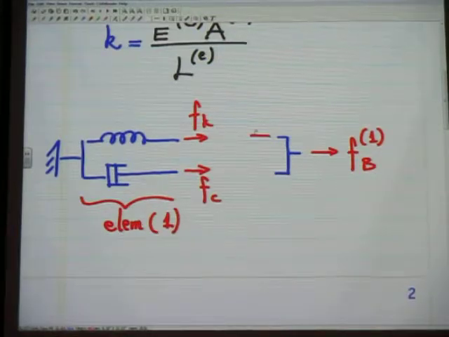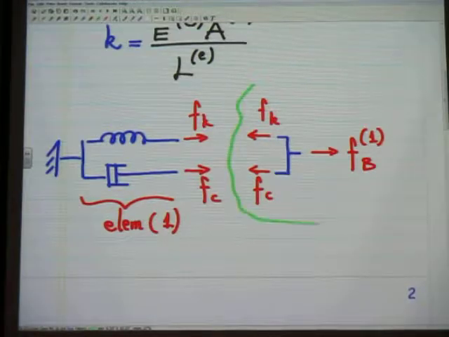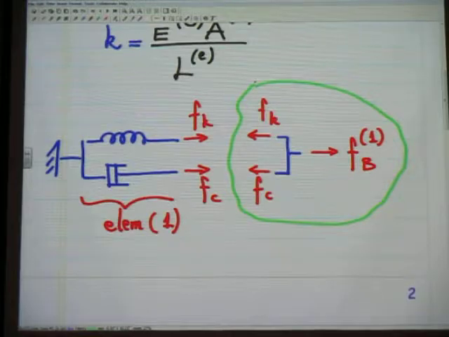Okay, this is element 1. And you have action and reaction, right? So this is F sub k, and this is F sub c. So now this is your sub-component that has to be in equilibrium. Then you do sum of forces equal to 0.